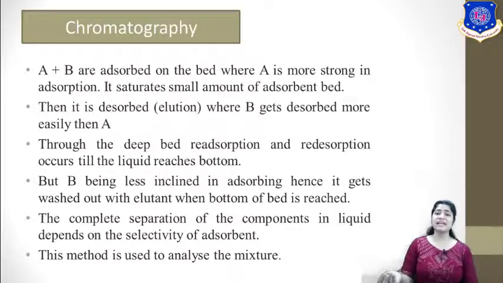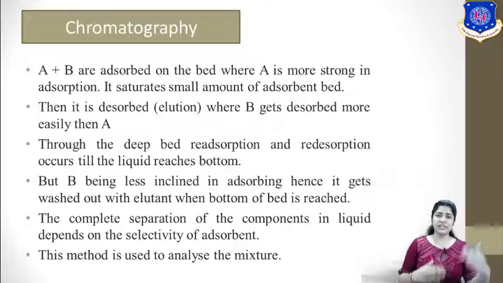As B has less tendency, it has less adsorption against the adsorbent, so it will get dissolved very easily as compared to A. Now see here, what is kept in your bed? It has adsorbent. A and B is your mixture, and you have added your desorption solvent also. So what will happen?